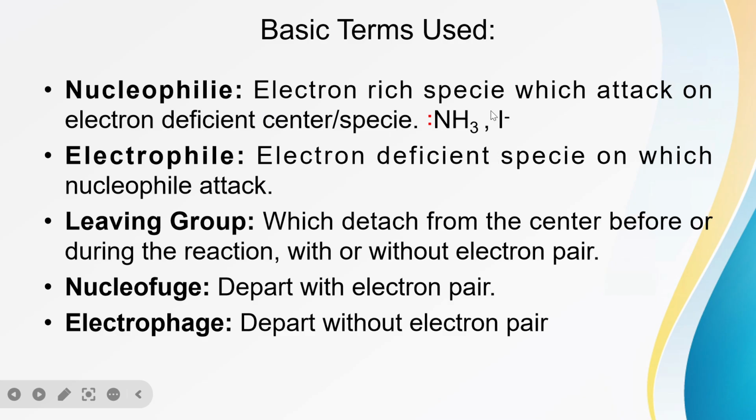Similarly, iodide is negatively charged. NH3 is neutral, but iodide is negatively charged, and it uses the electrons of its negative charge to attack an electron-deficient center or species.